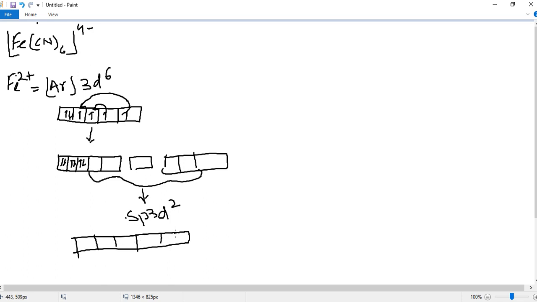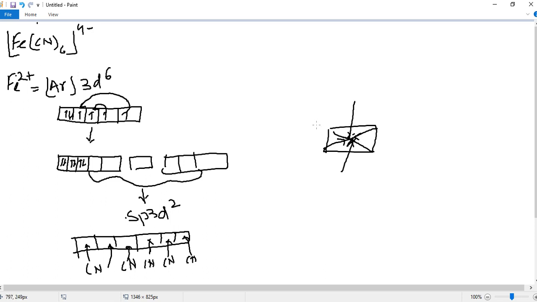Okay, so cyanide will act as a ligand and put their electrons here in d orbitals, and that's why the hybridization will be sp3d2, and the geometry will be, all will give their own electrons, so coordinate bonds will form and the geometry will be octahedral.